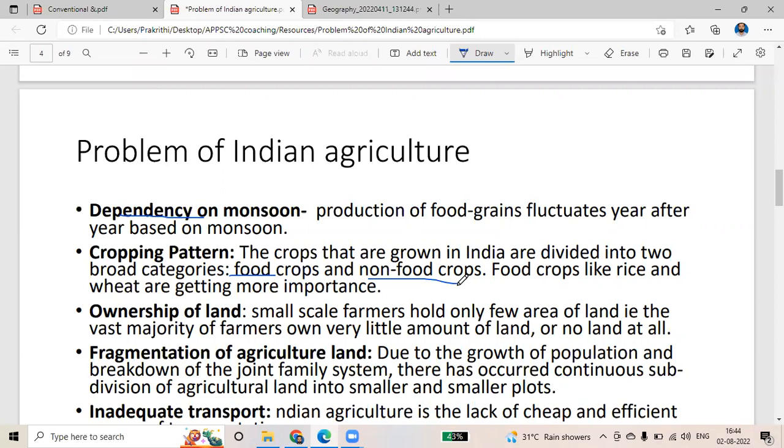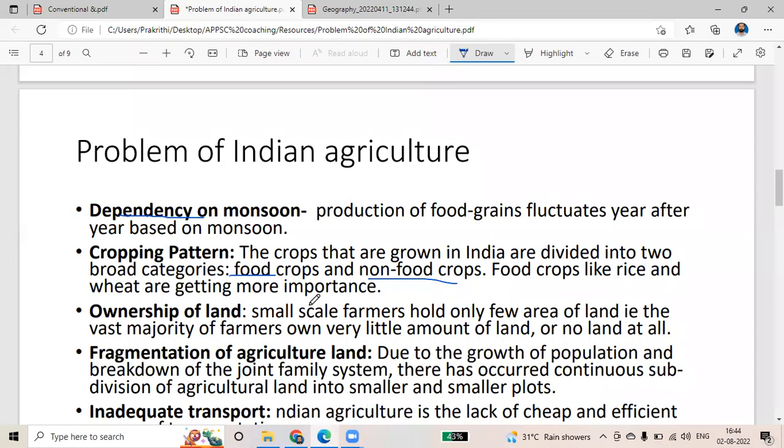Even at the time of the Green Revolution, priority was given to cereal crops, especially wheat and rice. Oil seeds, flowers, vegetables, cotton and jute were left behind and given less priority, because we have a big population to feed.